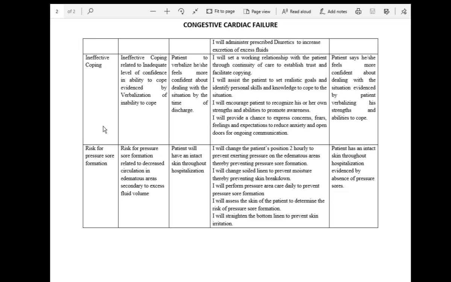So here you find that as a nurse, you have to create an environment where the patient feels comfortable to talk, to express their fears, their concerns, their feelings and expectations so that they can be more vulnerable to you, open up and share how they feel rather than being conservative. And that will help them to cope, not only cope but also open up doors to new conversations and communication.